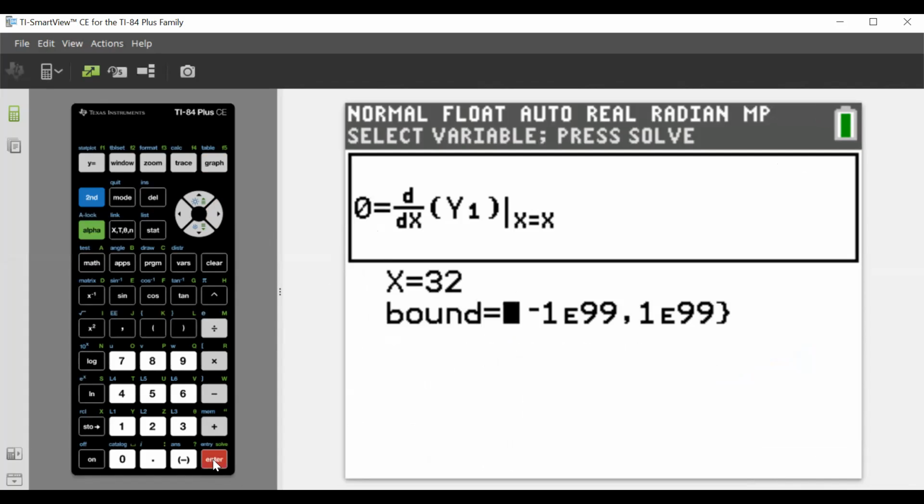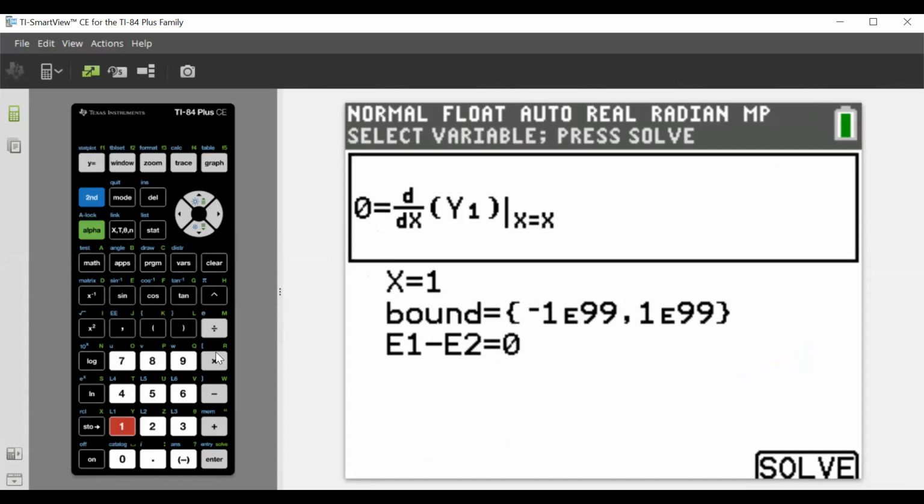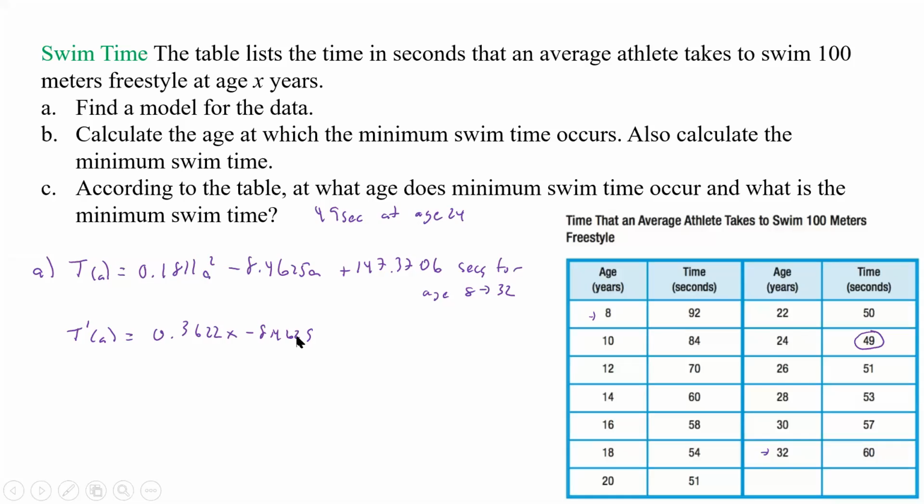So let's try 32, and we'll use the graph button instead. And so that says 23.3683, and that's going to be our value. What if we try something closer to the other end? We still get that. And if you think about that, that's going to give us a straight line through the graph, because it's going to be a linear model. So we're expecting just to have that one.